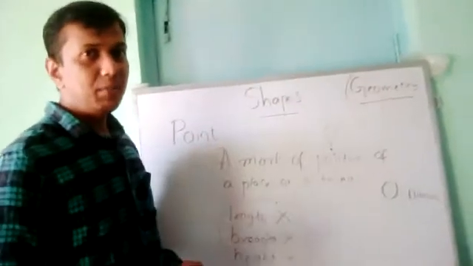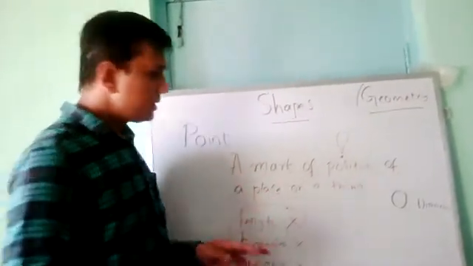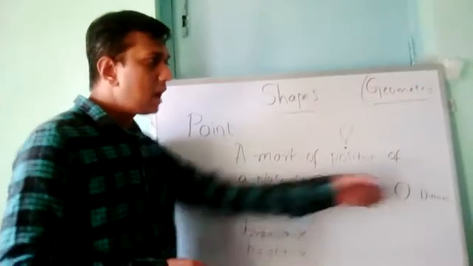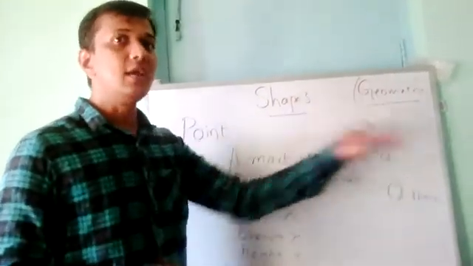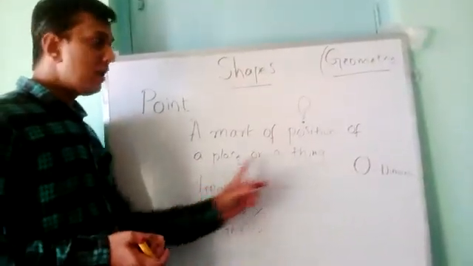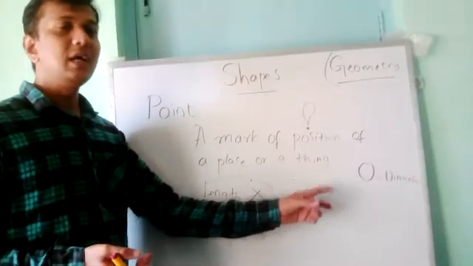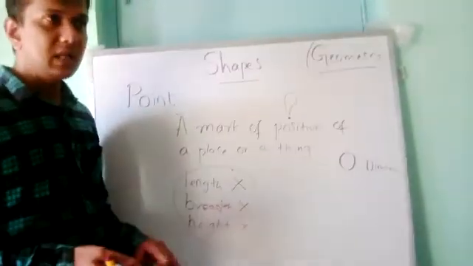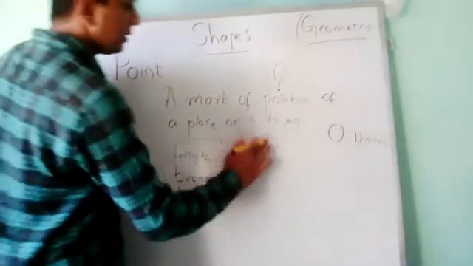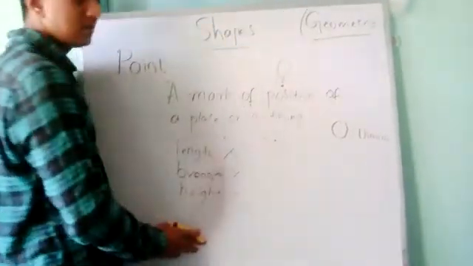The same concept applies here. Three-dimensional means length, breadth, height, but these three dimensions are not included here. So a point is a mark of position of a place or a thing, which is zero-dimensional, and it is indicated with a small dot.